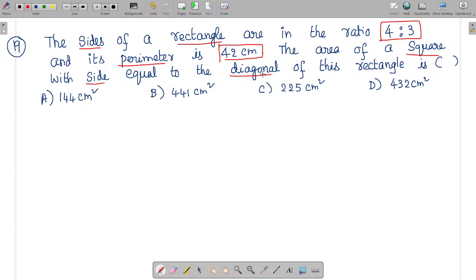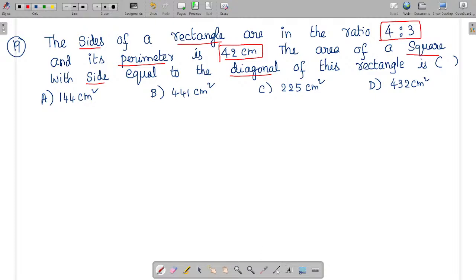First of all, we need to find out the length and breadth of the rectangle using the perimeter, that is 42 centimeters. After that, we need to find out the diagonal of the rectangle. The diagonal becomes the side of the square, so the area of the square is given by diagonal into diagonal, diagonal square. That's our answer.